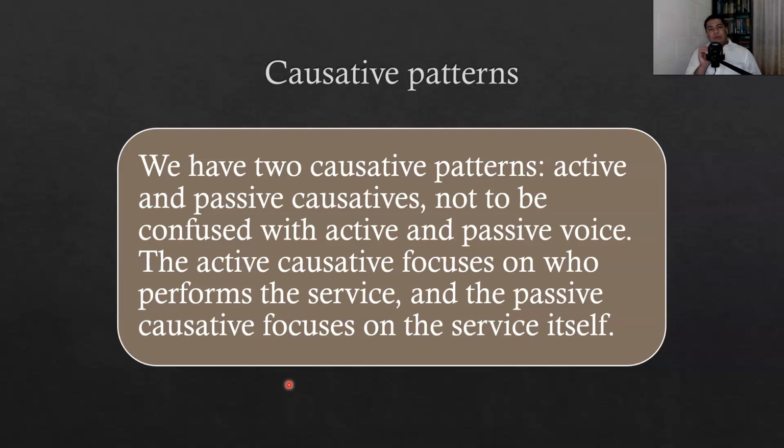Now, when we talk about active causatives, we want to focus on the person who performs the service for us. That's our main focus of attention. When we talk about passive causatives, on the other hand, we want to pay attention to the action, to the service that was rendered for us. Not so much the person who did it, but the service. That is for passive causatives.